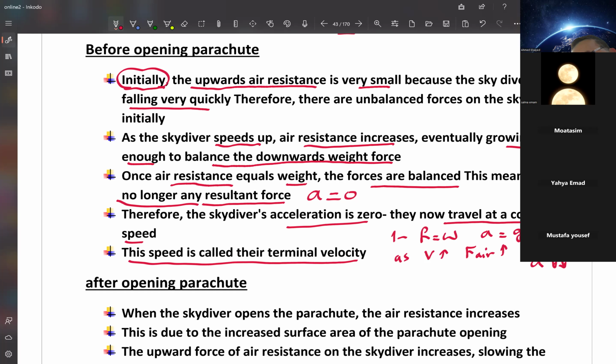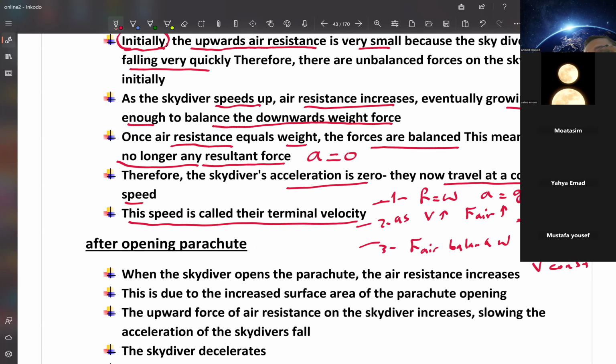Finally, when air resistance balances weight, net force equals 0, acceleration equals 0, velocity is constant, called terminal velocity. If you want to make it simple, you can follow these steps to explain the motion of the skydiver in terms of force and acceleration. You have to mention resultant force and acceleration. Any question?